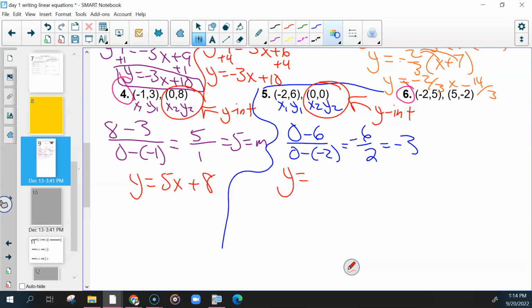Y equals our slope, x, and then our y-intercept. You can put plus 0 or leave it off, either or. Other questions we want to see or go over, or do we want to see the work for that one?